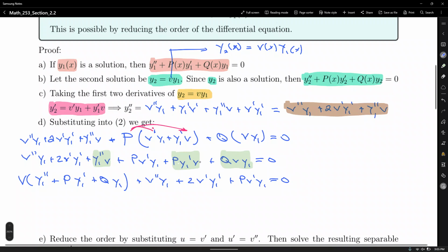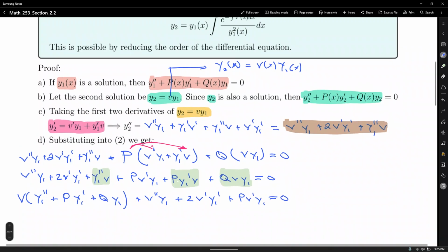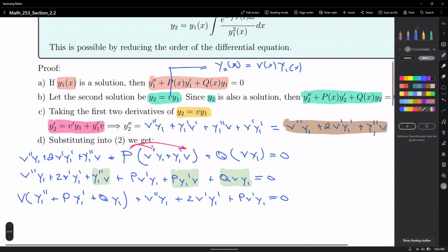Now, why did we factor the v out of these three? Because, what do you think about this? By hypothesis, y sub 1 is a solution to the differential equation, right? So because it satisfies the differential equation, all this right here equals 0.